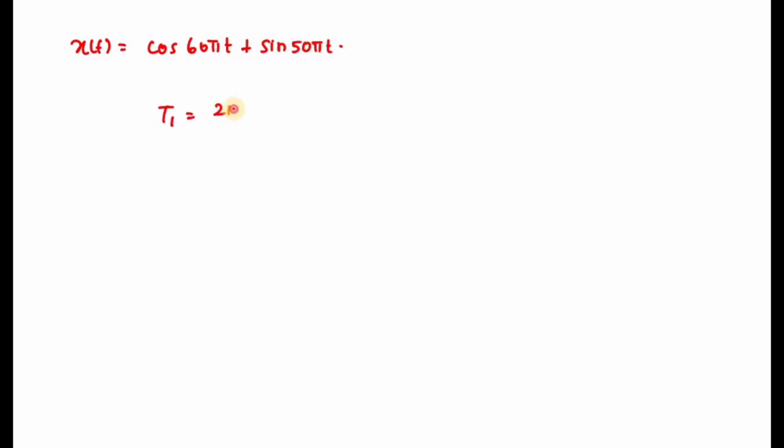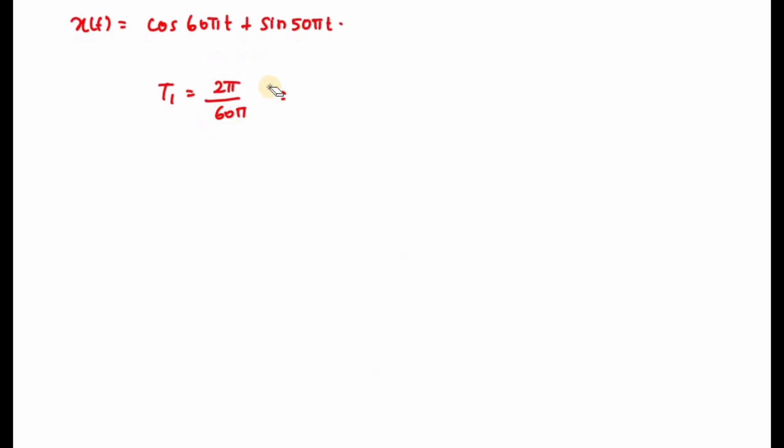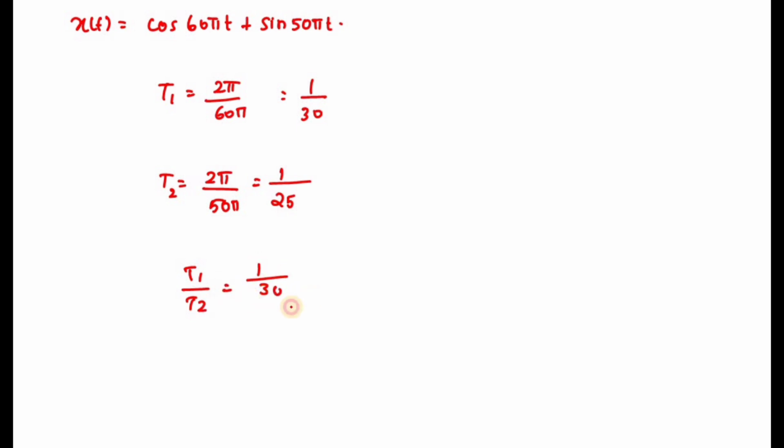So what is T1? T1 is equal to 2π divided by 60π, and T2 is equal to 2π divided by 50π. So T1 by T2 is equal to 1 divided by 30 by 1 divided by 25. So what is the answer? 25 divided by 30. So it is 5 divided by 6.